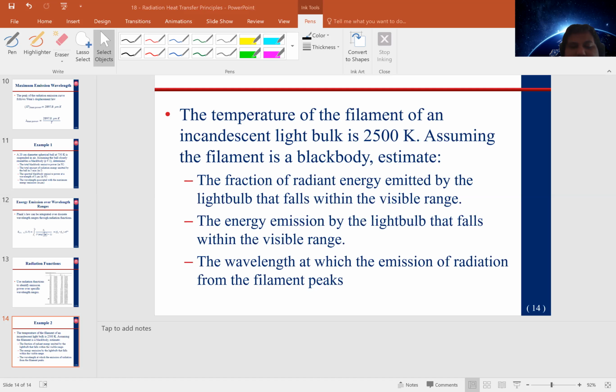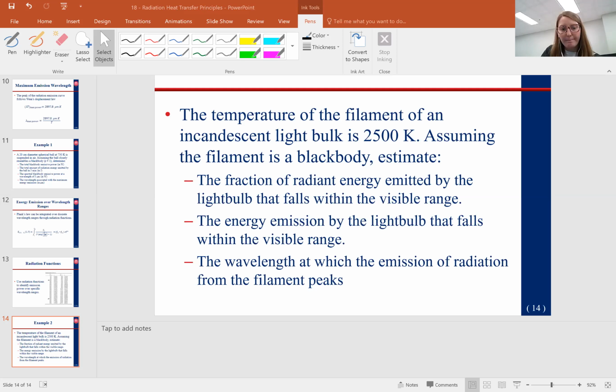All right, so this is looking at a light bulb. The temperature is 2500 Kelvin. We're still on the PowerPoint. I'm about to flip it back.